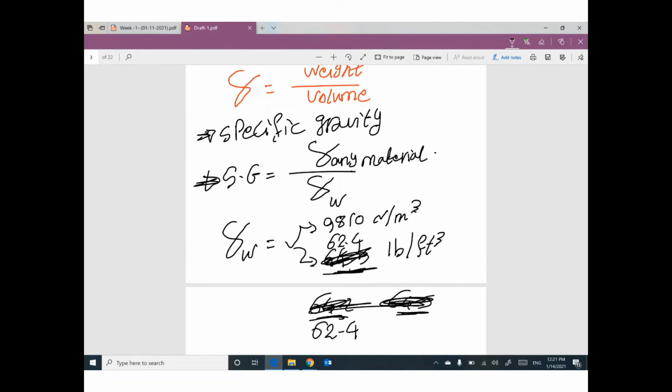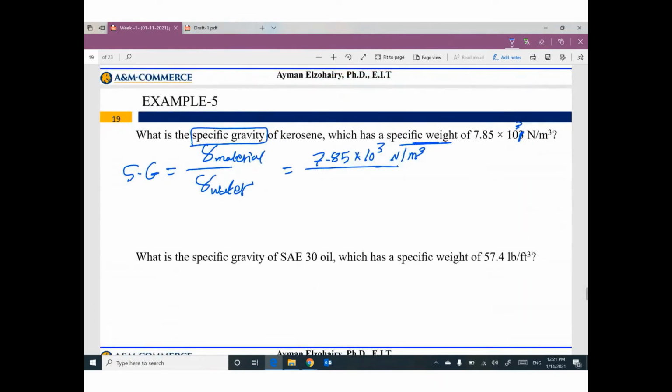Which one am I going to use? I'm going to use the first one because your units are Newton and cubic meter. So 9,810 Newton per cubic meter. Your final answer will be 7.85 times 10 to the power 3 divided by 9,810. Your value will be 0.8.